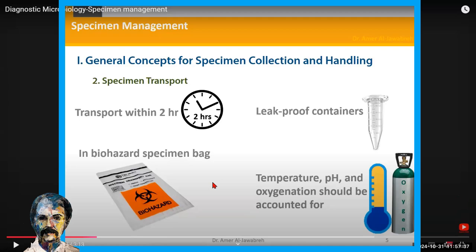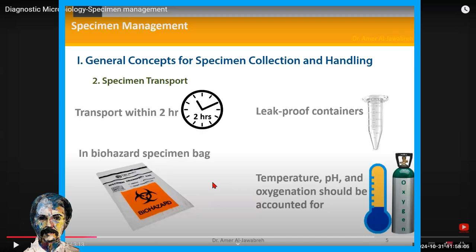By the way, many people think that the problem comes from making the test. Most of the problems that affect your result come from pre-analytical variables like these. The specimen was not taken okay, temperature was not kept, oxygenation was not taken into account.